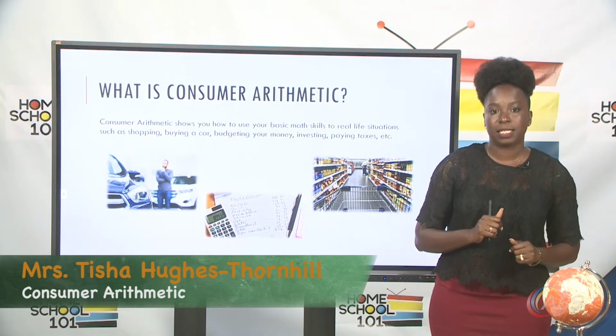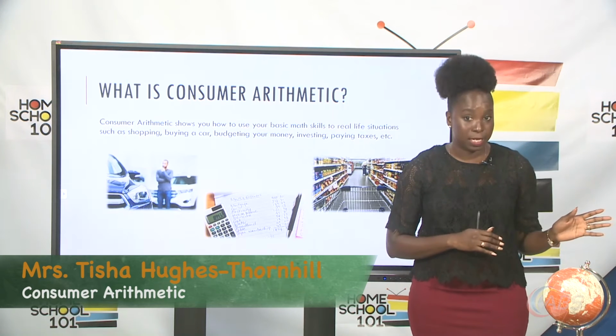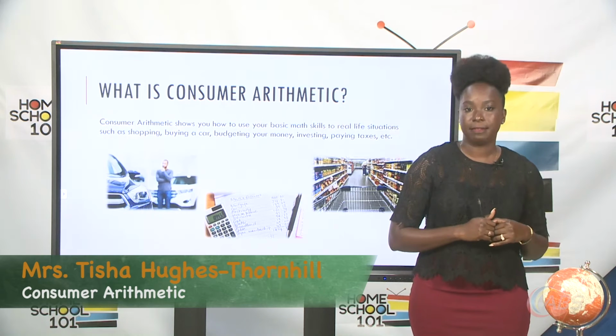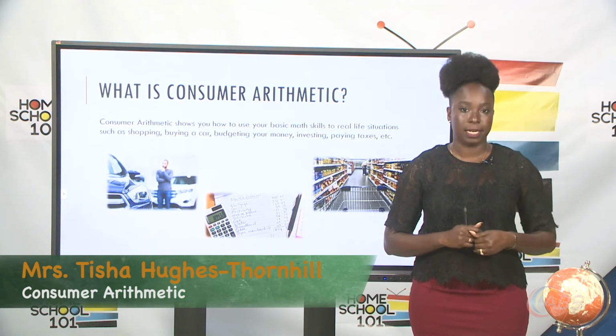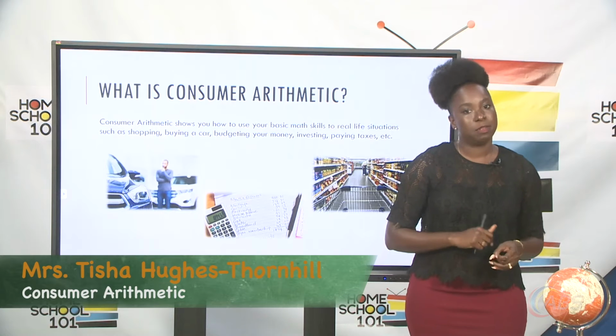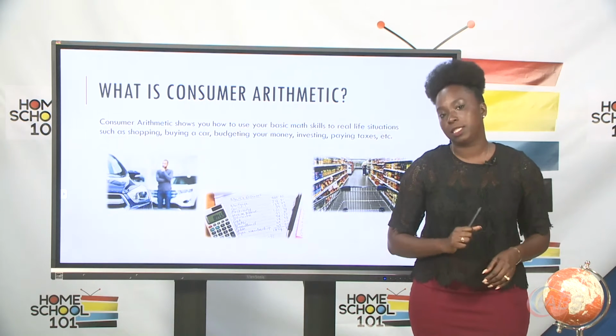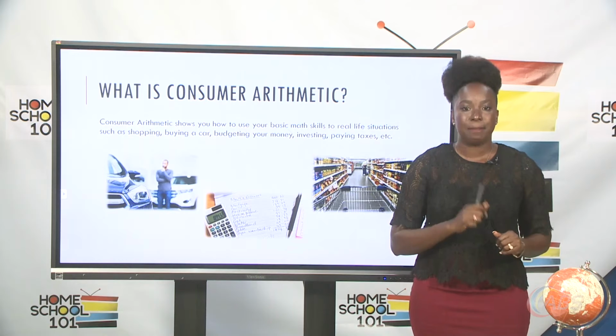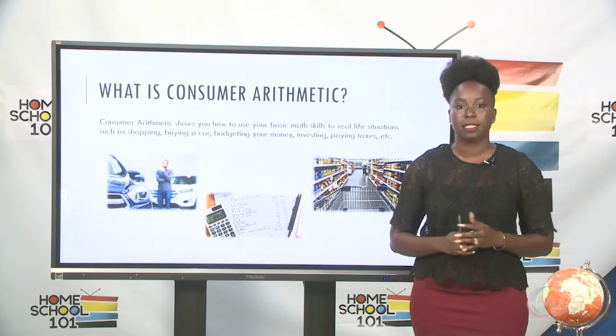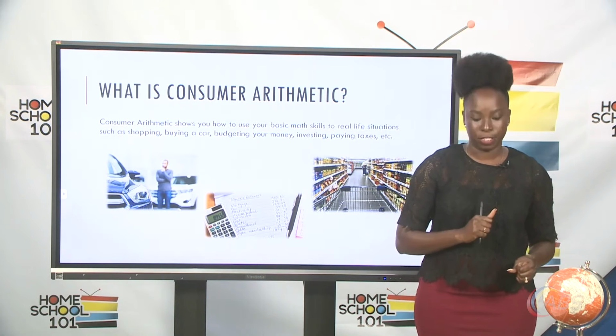We will focus on the skill of finding 10% and how it could be applied in various consumer arithmetic contexts. The areas of consumer arithmetic that we will be specifically focusing on today are applications of increase or decrease, simple interest, and hire purchase. Okay?